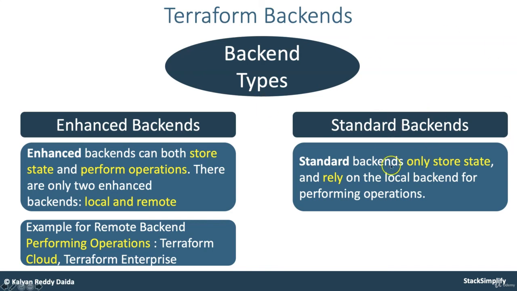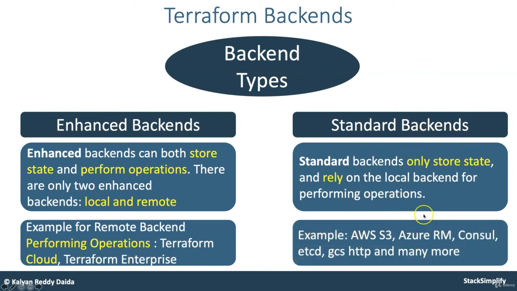So that's what are called standard backends. Enhanced backends are nothing but Terraform Cloud and Terraform Enterprise. Standard backends are AWS S3, Azure Resource Manager, Consul, GCS, etc. So this is the major difference between enhanced backends and standard backends.